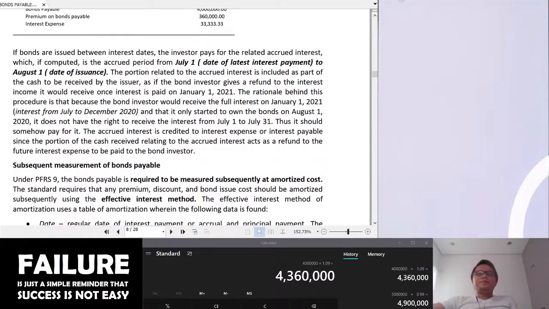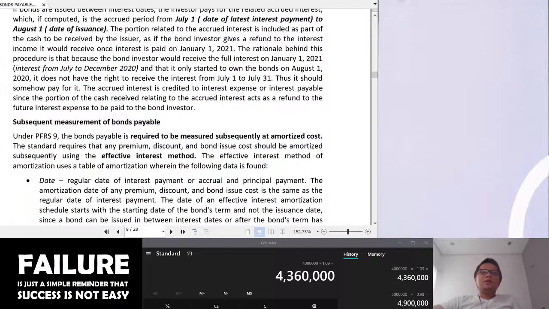So, ngayon, we are to discuss na accounting for bonds, subsequent recognition or subsequent measurement. Okay, subsequent measurement of bonds.